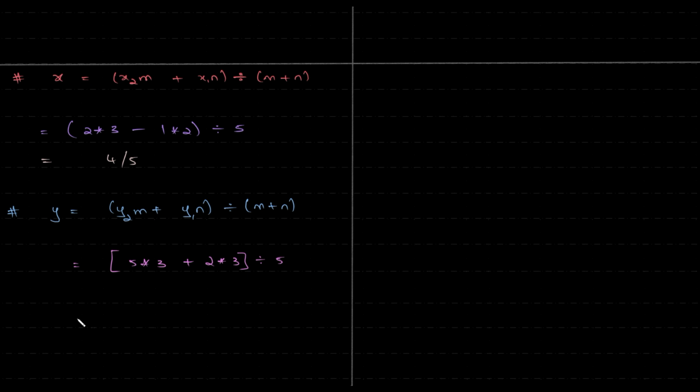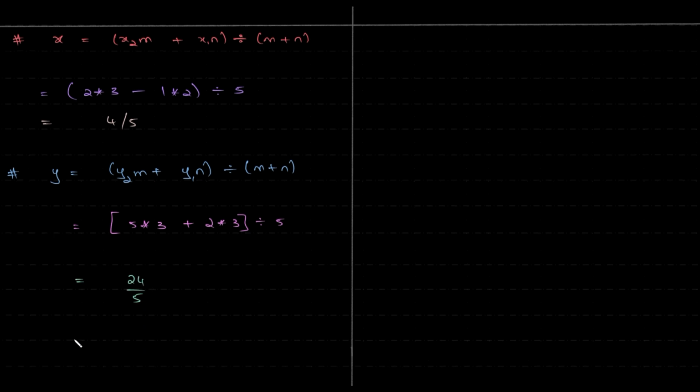So this is equal to 15 plus 9, 24 by 5. That's it. So that's your point R. So therefore R is 4 by 5 comma 24 by 5.